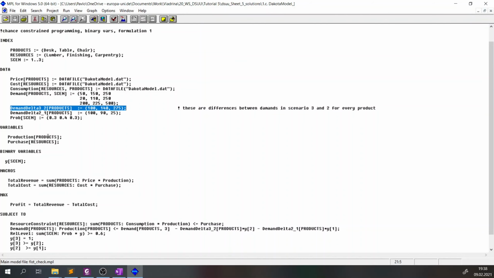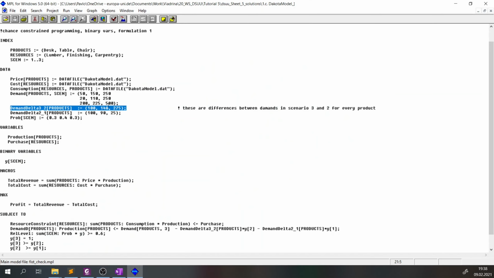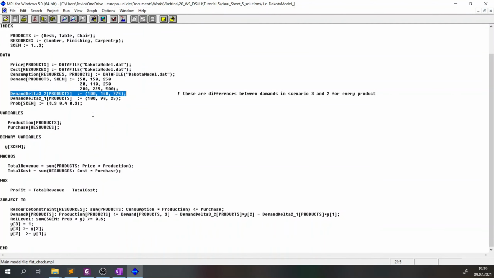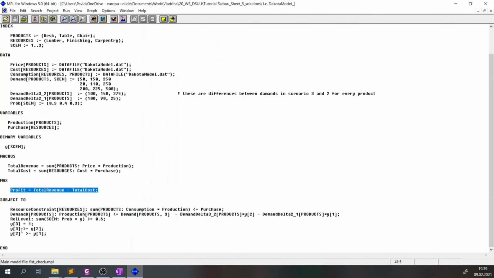So the demand deltas correspond to this 100 and 100, 140 and 90. That's one parameter that we calculate manually. And then, of course, the constraints. Decision objective function, we change nothing here.